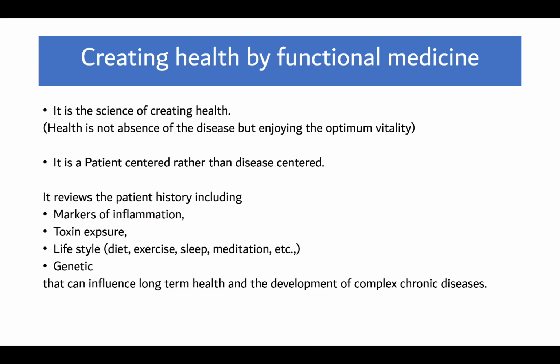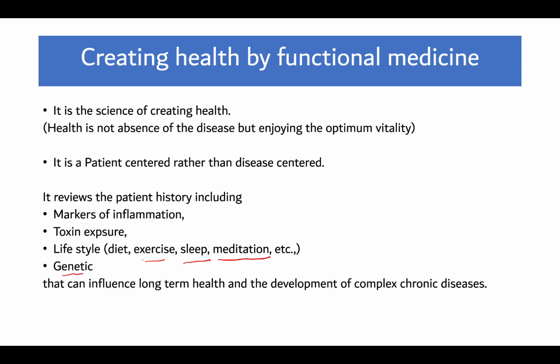We need to understand the inflammation, if the person has inflammation in his body or not, if he has been suffering from exposure to toxins and his body is now under toxic load. What about his lifestyle, his diet and exercise and his sleep, and if he is meditating in the sense that he is relaxing his mind or not, and what about his genetic makeup.